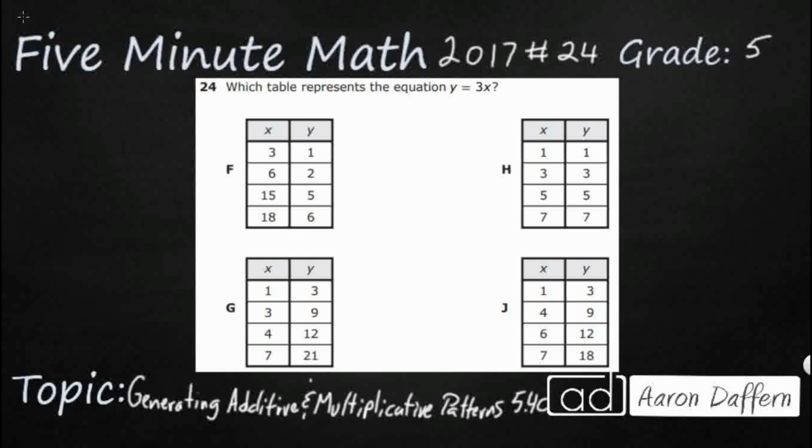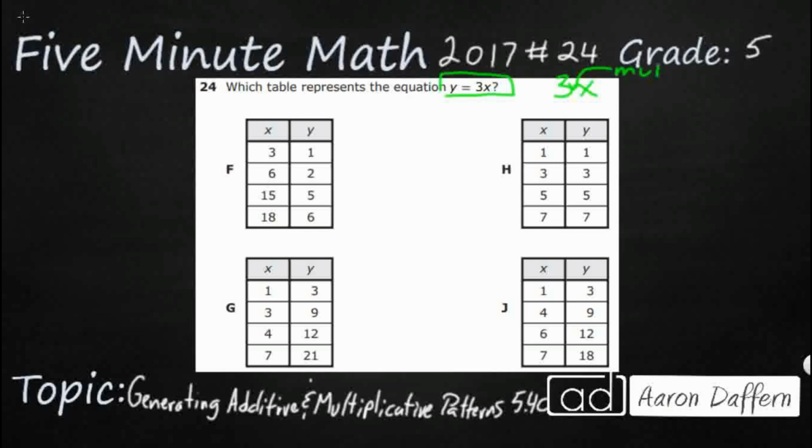So we have 4 different tables. All we need to do is find one that represents this right here, y equals 3x. Now this x is a variable, it is not multiplied. One thing we need to realize is that when you see a letter and a number right next to each other and there's no operation signaled, you're going to see that quite often, that is going to be multiplied.